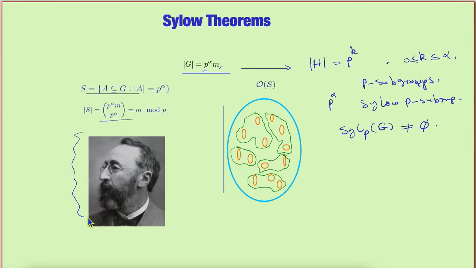But before we state and prove the theorems, we just prove a small lemma, which is going to be useful in both cases. So we start with a lemma. This is really a general lemma related to group actions.